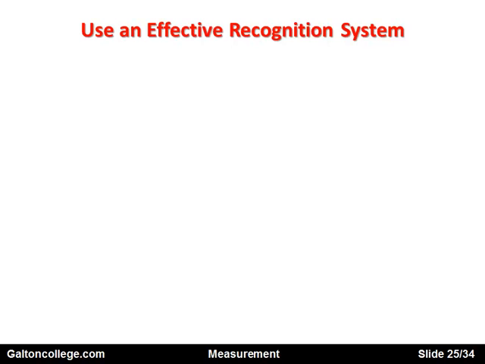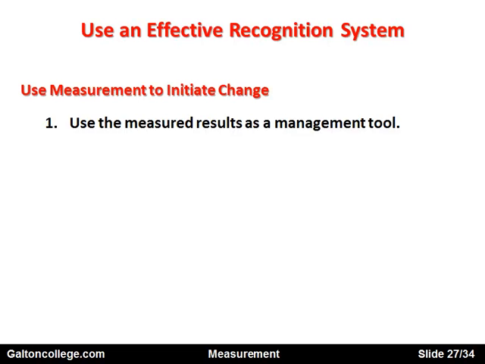Use an efficient recognition system. Well, use measurement to initiate change. Use the measured results as a management tool. So different measurements we've just talked about. Now, once the different measurements have been calculated or estimated, then the management may use these as a tool. It now knows what's happening in the business.